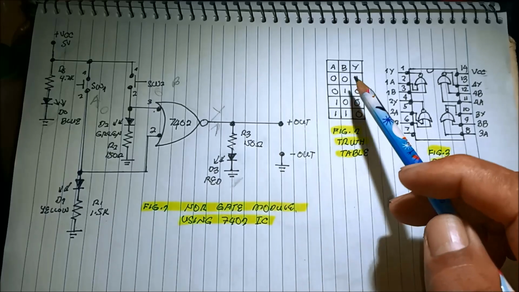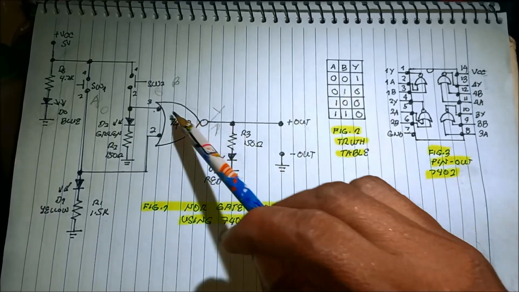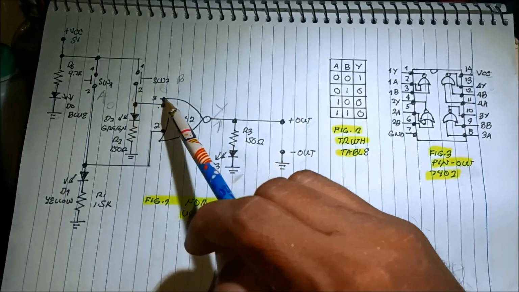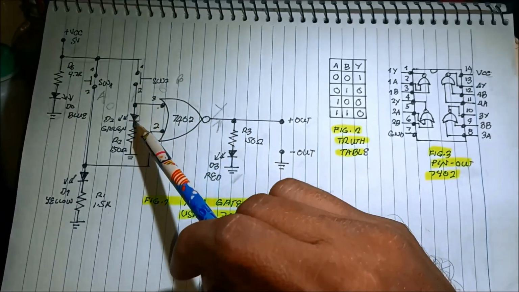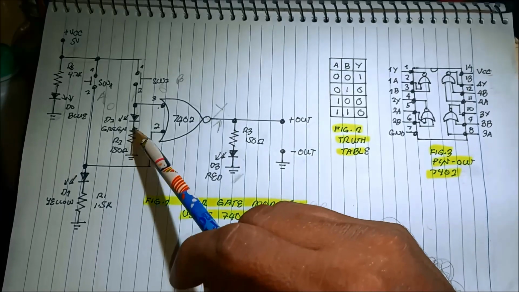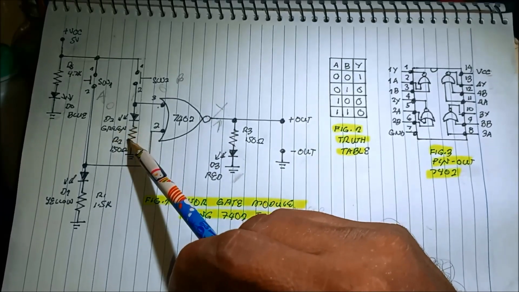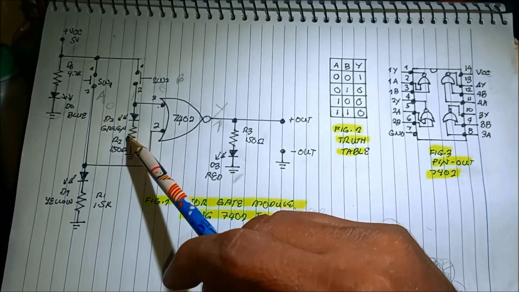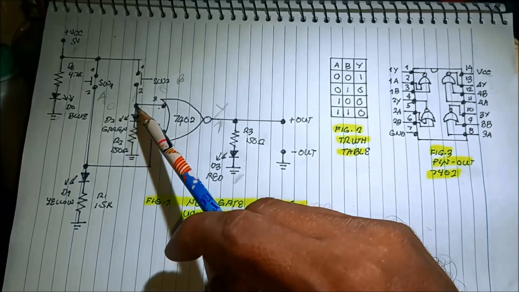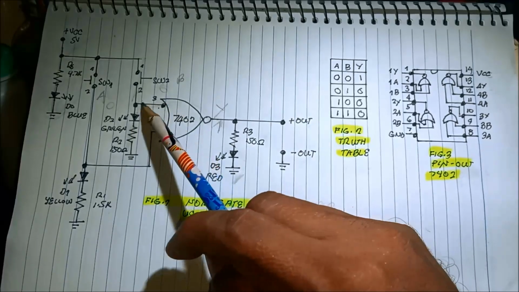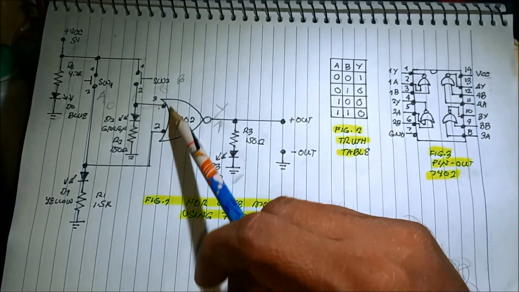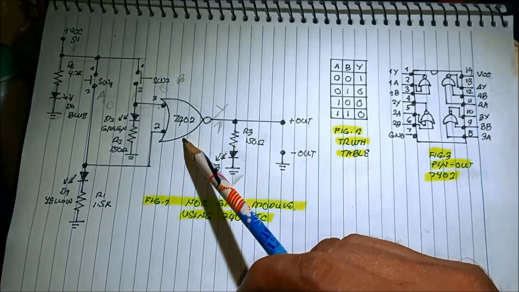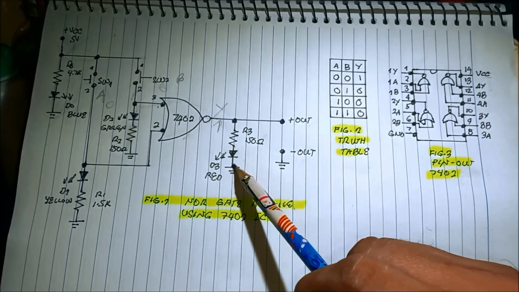And then when we press switch B, current flows into switch 2, which is switch B, lighting this green LED. So there is an input LED that turns on, this green LED. And then we are injecting a current to the 7402 IC, which makes this output turn off.